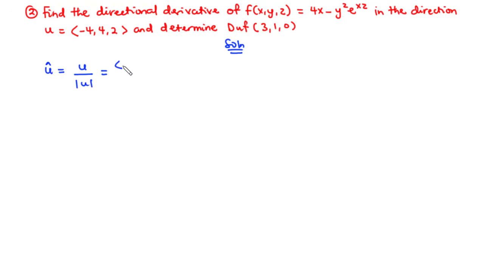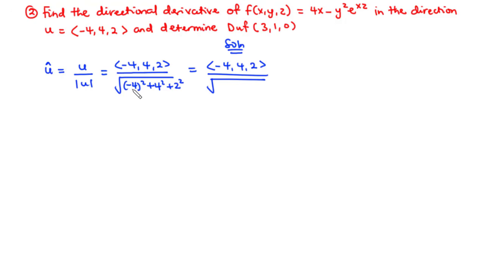So we have negative 4, 4, 2 divided by the square root of negative 4 squared plus 4 squared plus 2 squared. Now negative 4 squared is 16, 4 squared is 16, and then 2 squared is 4.